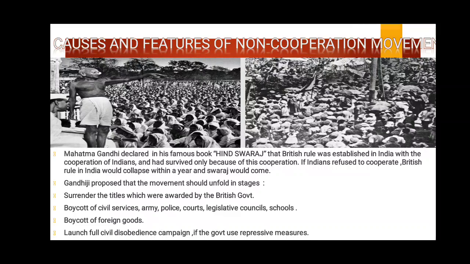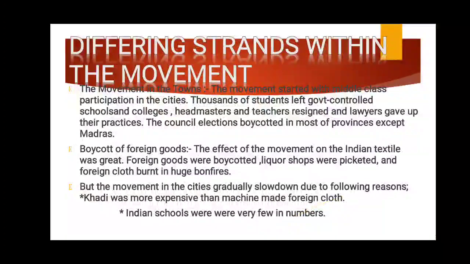Even boycott of foreign goods, Manchester goods, and use of Swadeshi goods. He also said that if the government used repressive measures against his movement, he would launch a full civil disobedience campaign. In this way, the non-cooperation movement started.